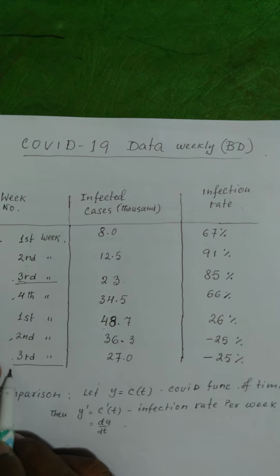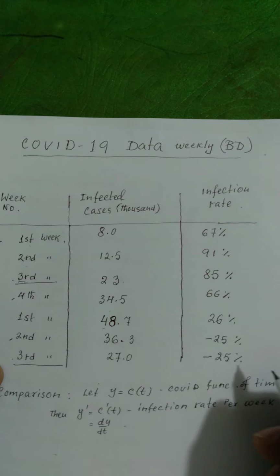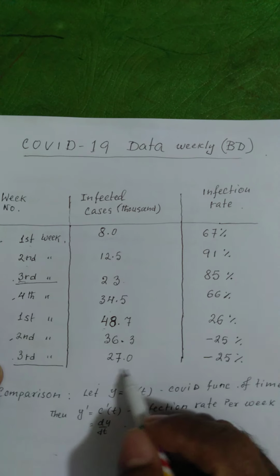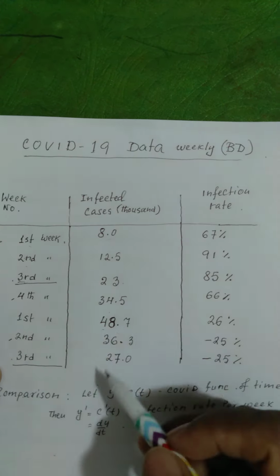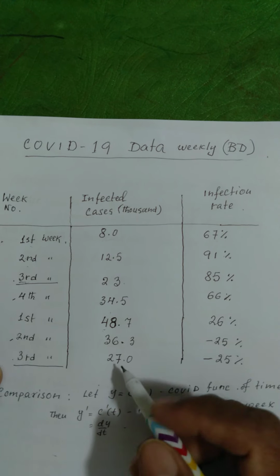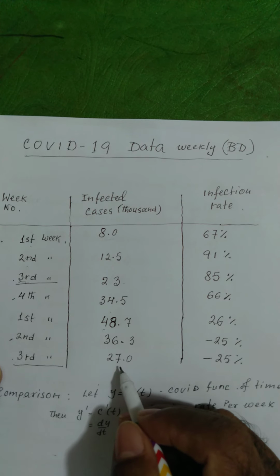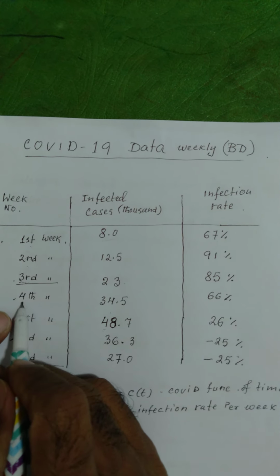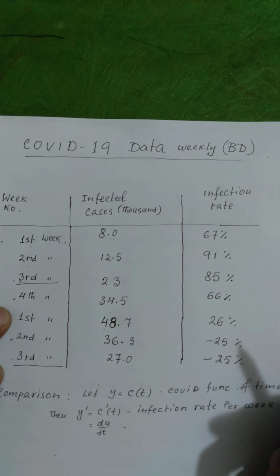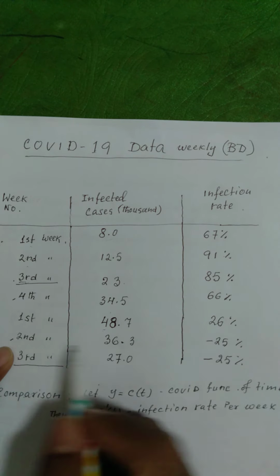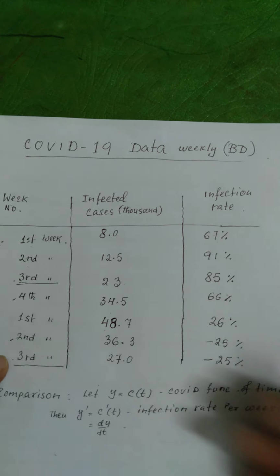At third week of April, 27,000. What can we say? We can say the situation is that the number of infected people increases. If we take the fourth week, here 34.5 thousand, and second week of April we see 36,000. Again, the number of affected people increases.